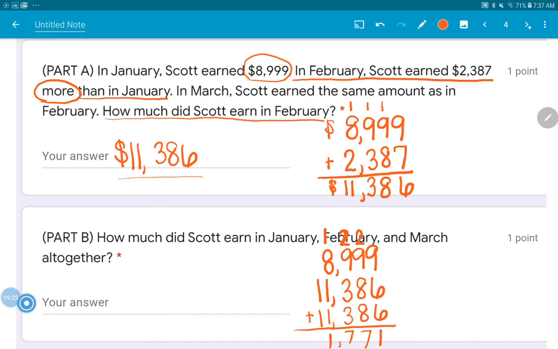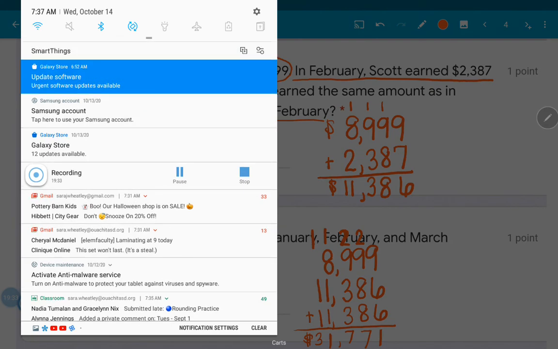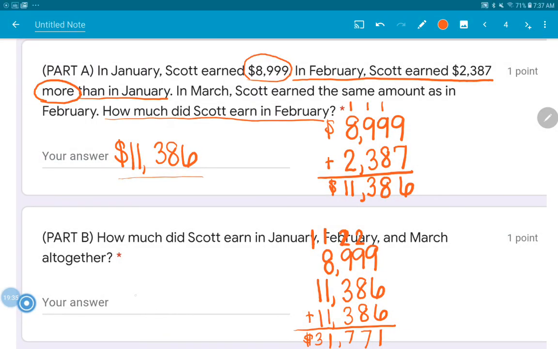I'm going to write down my 1. Regroup the 1. 1 plus 1 plus 1 is 3. So altogether, in January, February, and March, Scott earned $31,771.